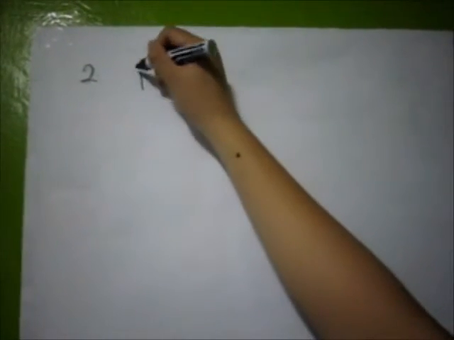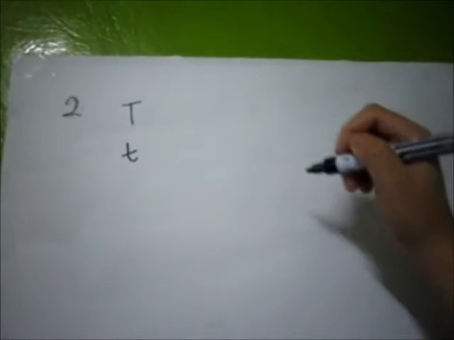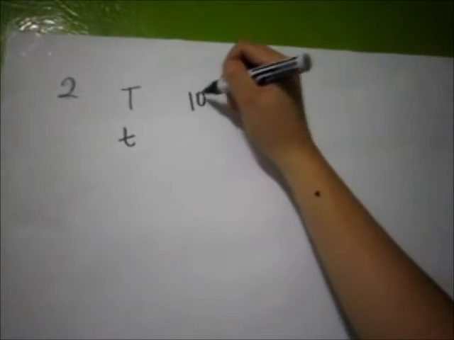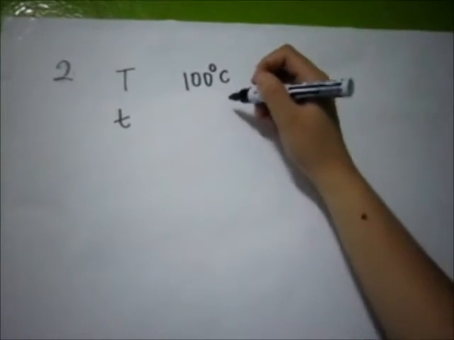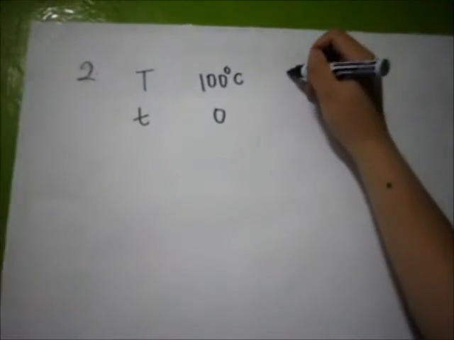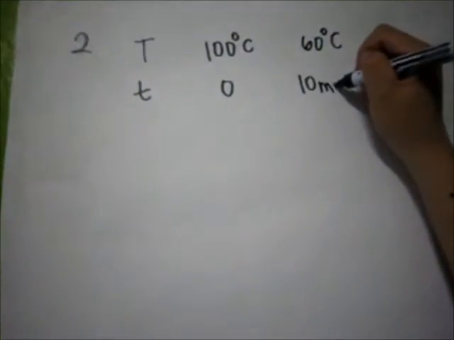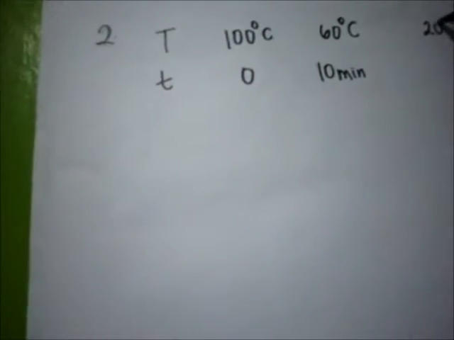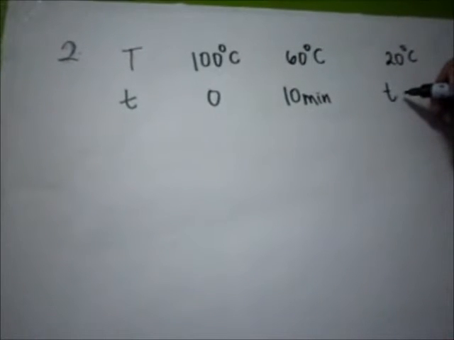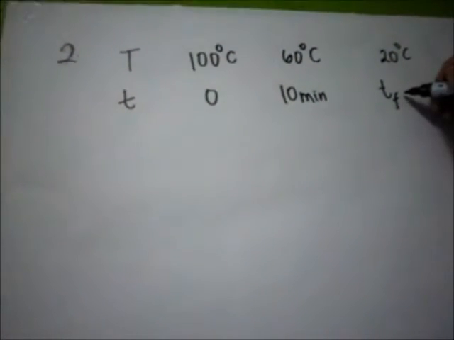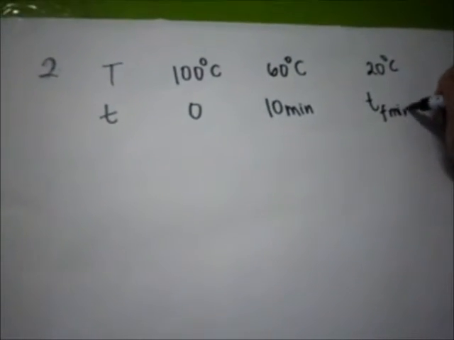Problem number 2. Tabulate first the data. For the time, the temperature is 100 degrees Celsius at 0, and 60 degrees Celsius at 10 minutes, and 20 degrees Celsius, and you should find the time for the final temperature.